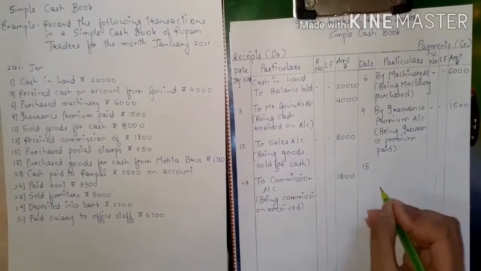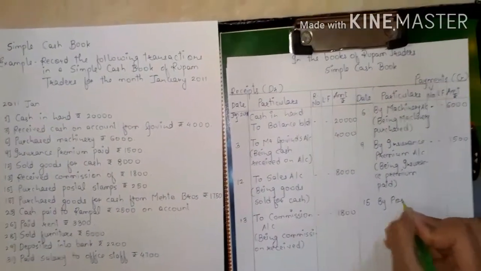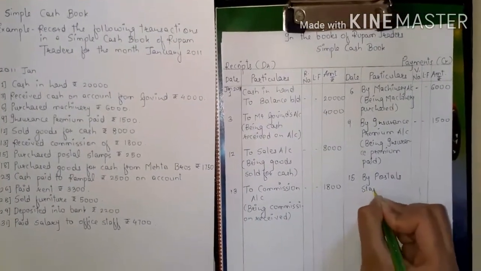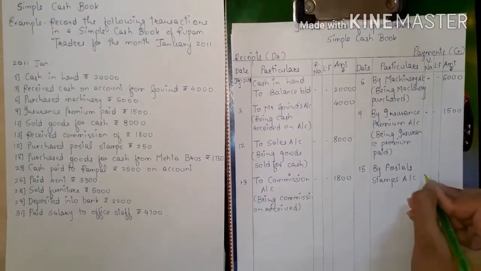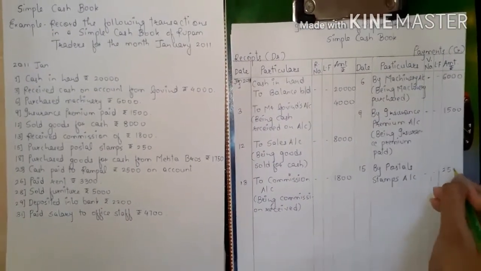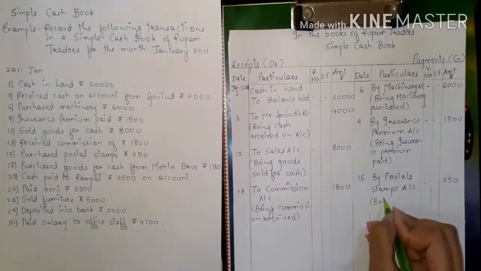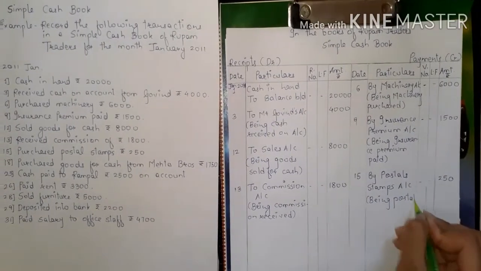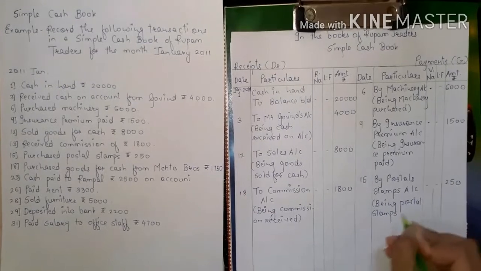By postal stamps account, because Rupam traders has purchased postal stamps, so postal stamps account. Amount rupees 250. Narration, being postal stamps purchased.